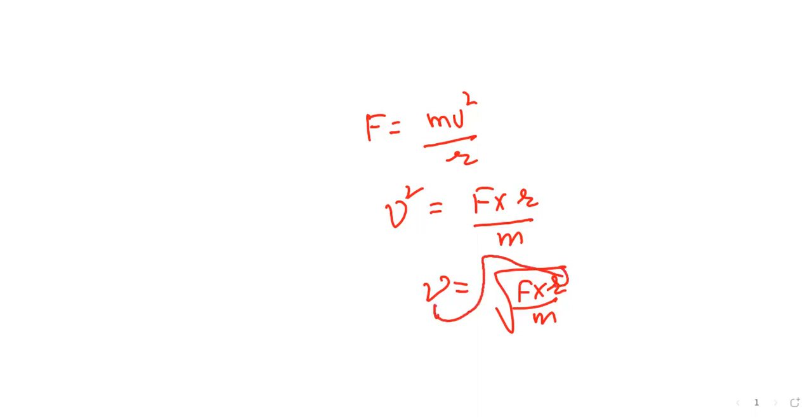If you are farther from the center, that means you need to move with the higher velocity. So that's the idea, and that's what the second question is all about. Okay, I understand that.